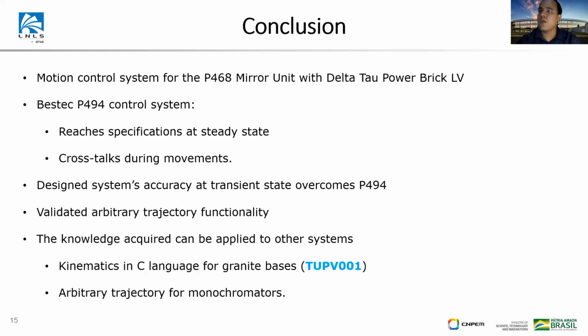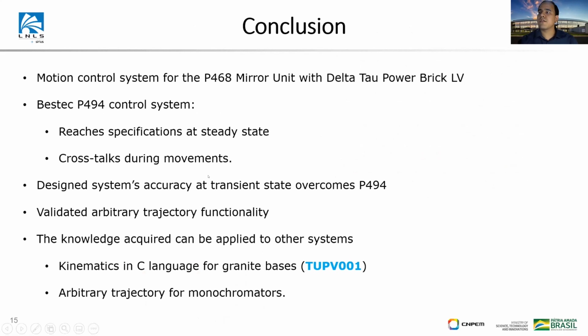So concluding this work, we developed in-house the motion control system based on Delta Tau Power Brick LV for the mirror unit P468 from Bestec. Their previous controller reached the specification at the steady state, so it's feasible to use it for step scans or steady tests for the beamlines.